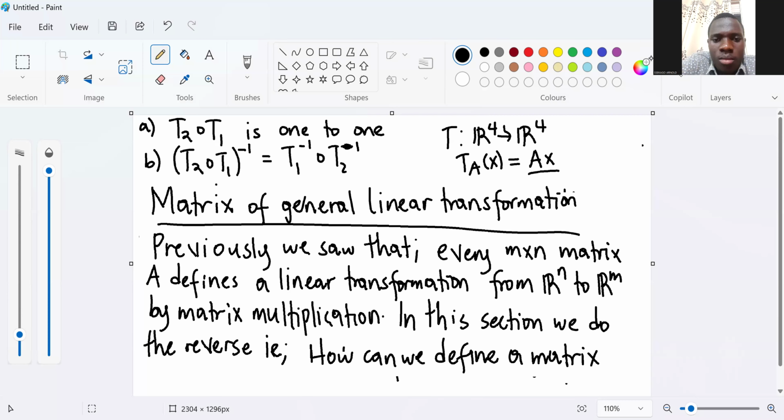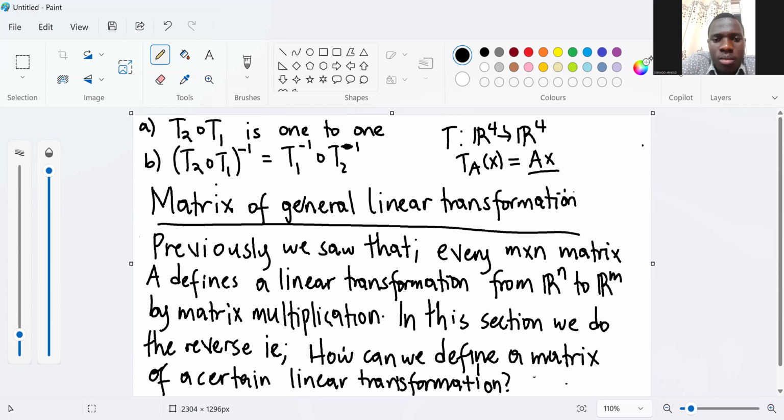How can we define a matrix of a certain linear transformation? Initially, a matrix was defining a linear transformation. So in this section, we explore how we can define a matrix of a certain linear transformation given that linear transformation.